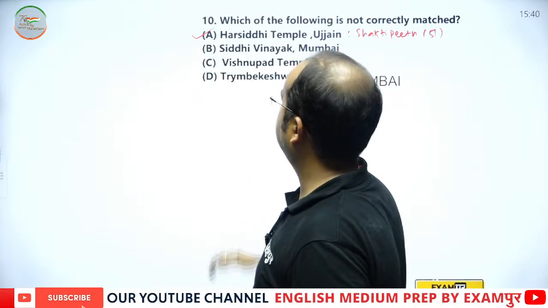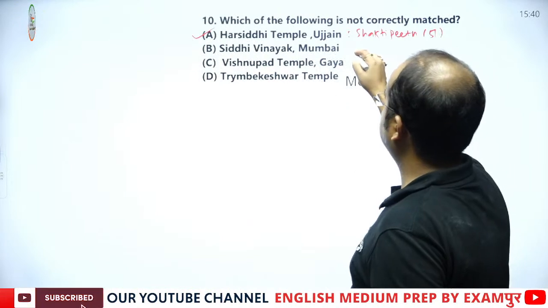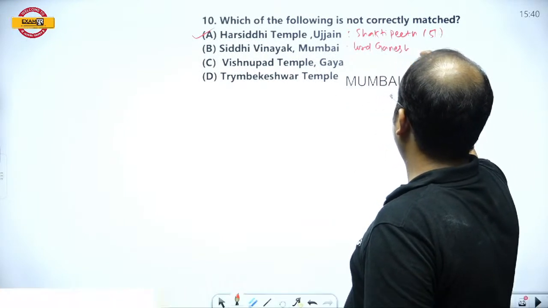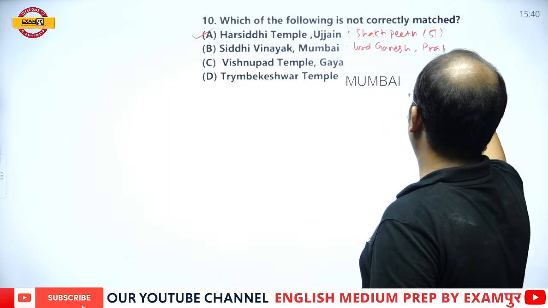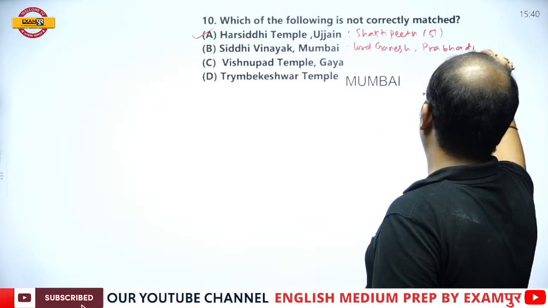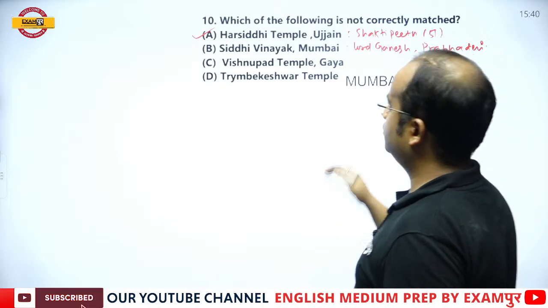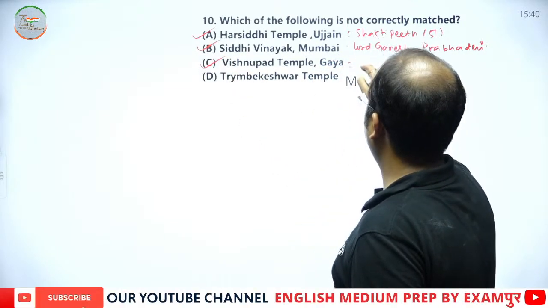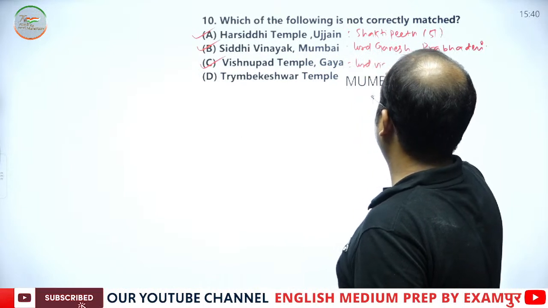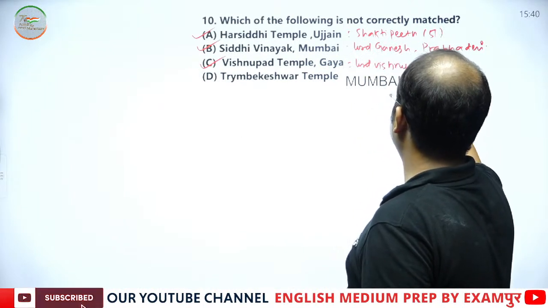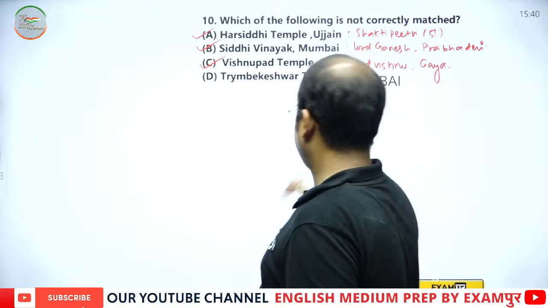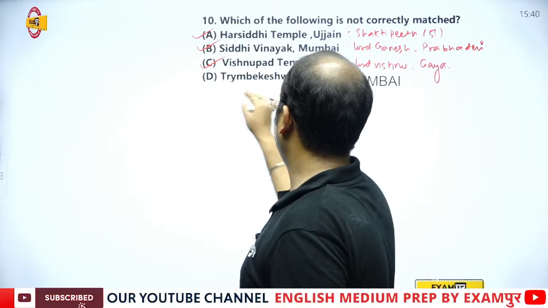Siddhi Vinayak temple, of Lord Ganesh, is in Prabhadevi, Mumbai. That is also correct. Vishnupada temple, dedicated to Lord Vishnu, is in Gaya. That is also correct. Triambakeshwar temple is dedicated to Lord Shiva.